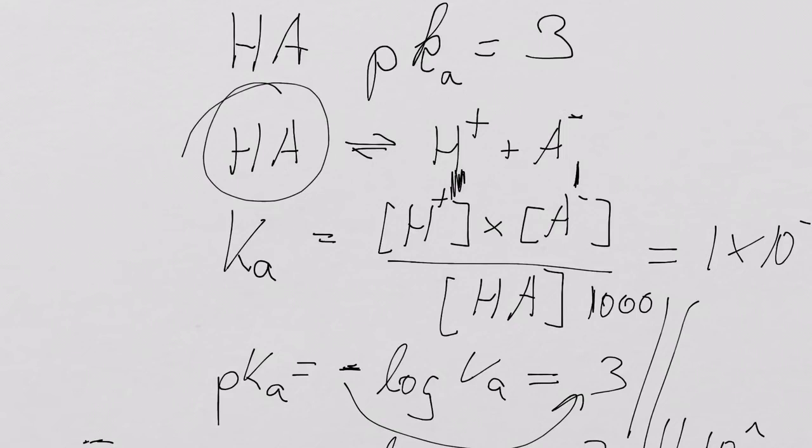If I lost my proton, what am I then if I don't have a proton? If I want to have a proton, what am I? I'm a base. Am I a strong base? Think about it. I want this proton.